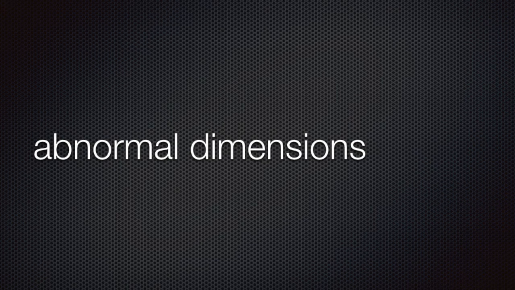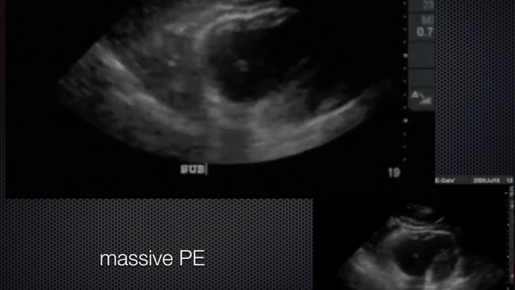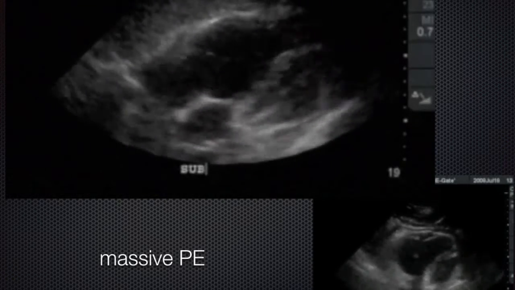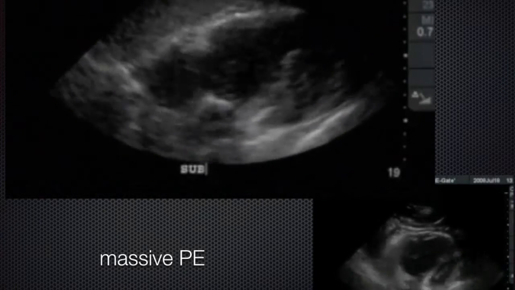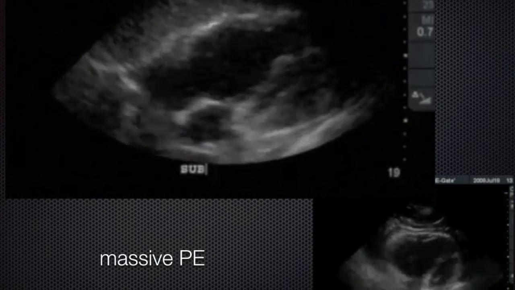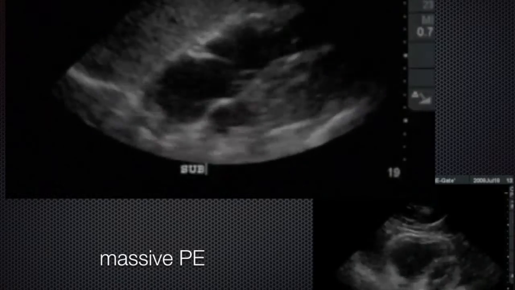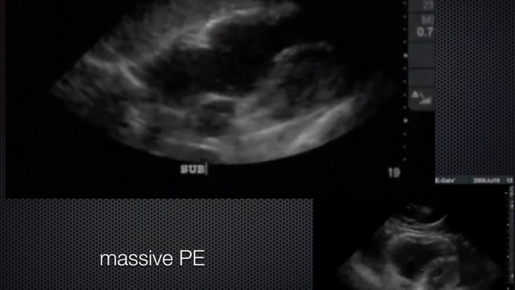Now remember, we talked about what we normally expect the chamber sizes to look like, and also how they're affected during the cardiac cycle. So I just wanted to show you a case here of a lady who came in with a massive pulmonary embolus, and you can see we've got a subcostal 4-chamber view on the top left, and on the bottom right the parasternal short axis view.